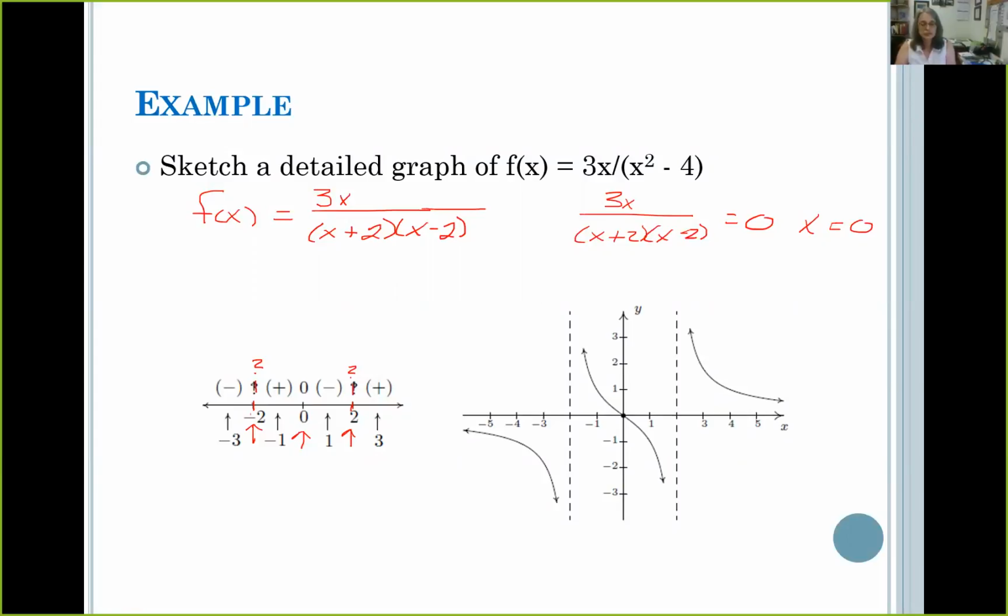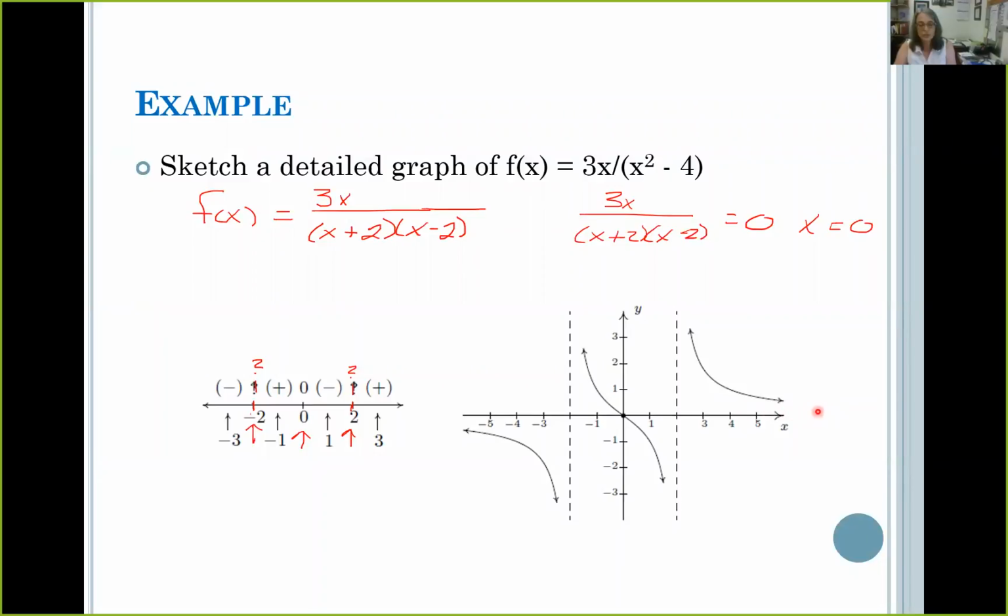Now, let's talk about our end behavior. As x gets bigger and bigger and bigger, we already know that we're positive above 3. But what happens as x gets bigger, let's say at 10? If you plug it in, you find that the value for y at 10 is really small.